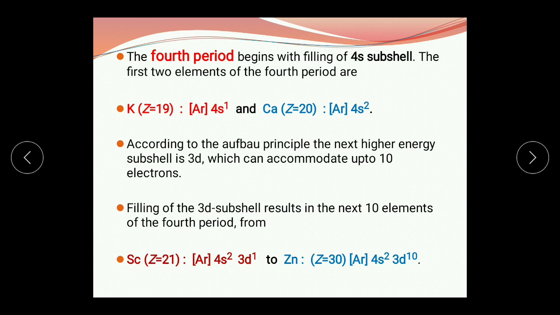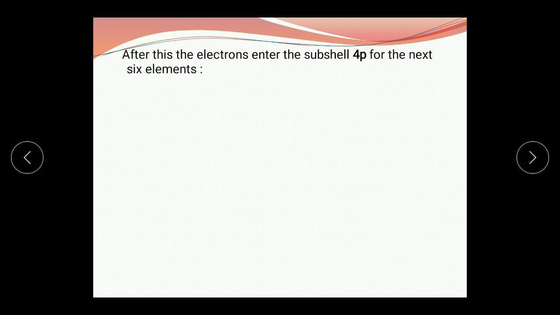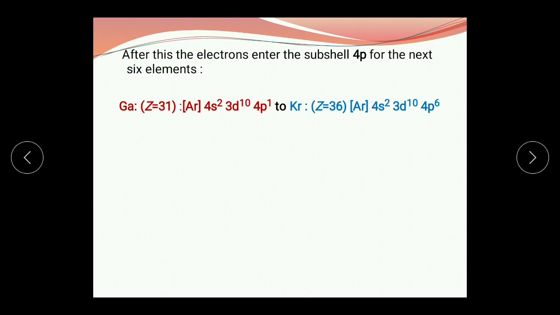Now, the 31st electron will go to the 4p subshell. After this, the electron enters the subshell 4p for the next 6 elements, because p has a capacity to accommodate 6 electrons. That means 4p1 to 4p6. Atomic number 31, gallium.